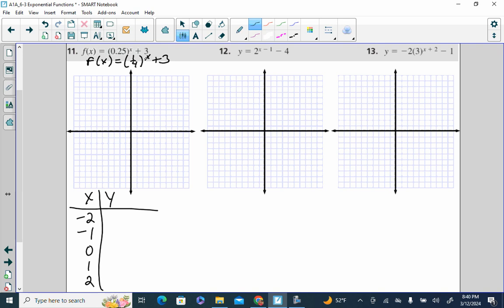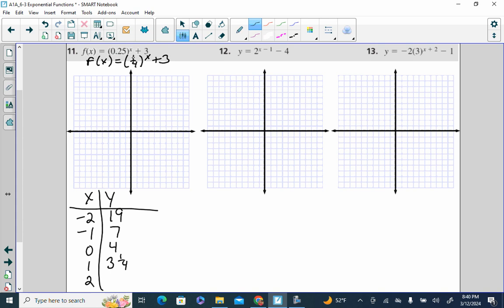That is 4 times 4, which is 16, plus 3, which is 19. Then (1/4) to the -1 is the same as 4/1, which is 4, plus 3 is 7. (1/4) to the 0 power is 1, plus 3 is 4. (1/4) to the first power is 1/4, plus 3 is 3 1/4.